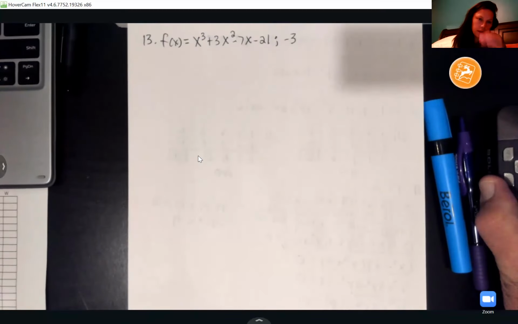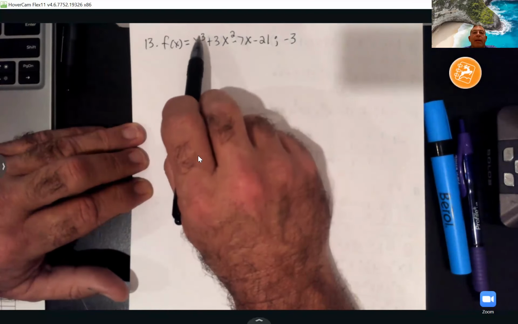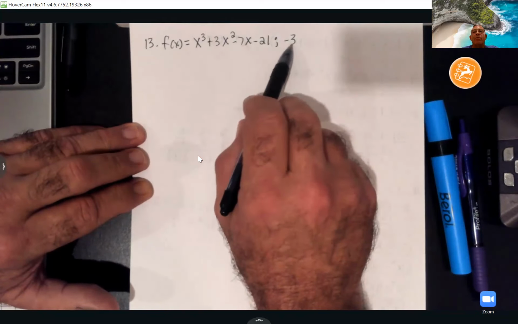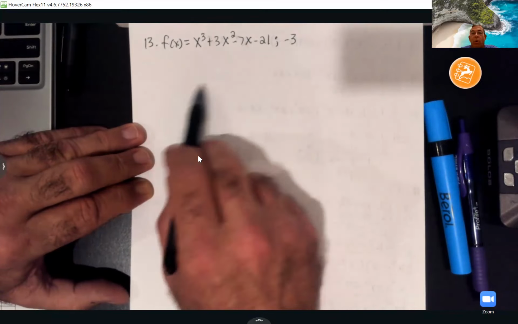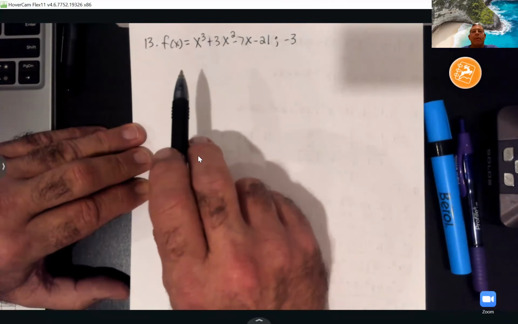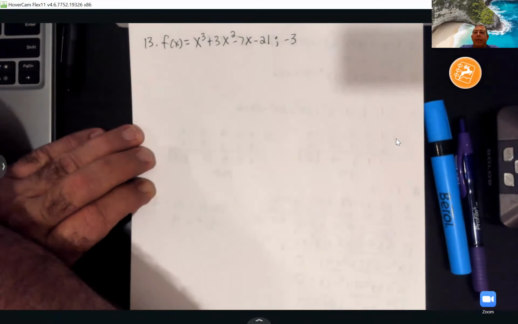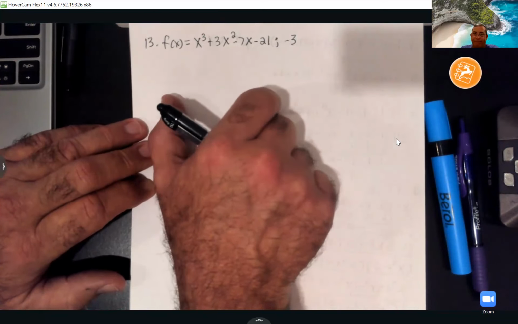Is this the synthetic division again? Yes, we start with synthetic division because we have a degree 3. Once we divide out that -3, the 3 numbers we get for our quotient we can then use the quadratic stuff for.